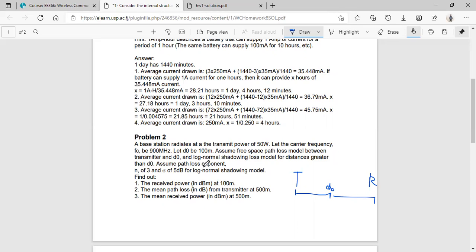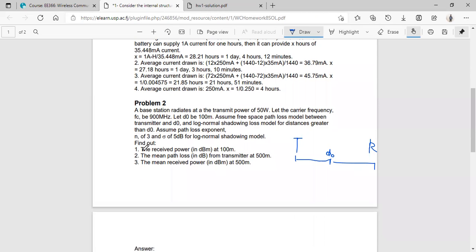Then it says assume the path loss exponent n of 3 and sigma of 5 dB for the log normal shadowing model, right? Find out one, the received power in dBm at 100 meters. So let's assume the receiver is at D naught.